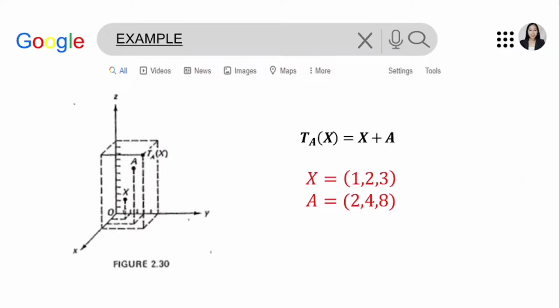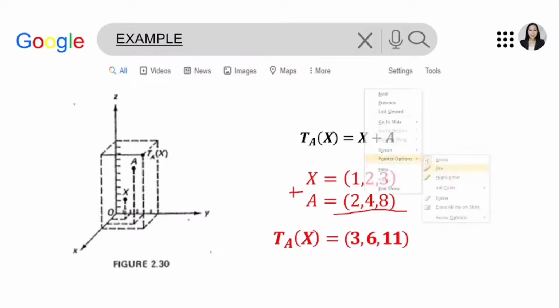To get the answer, we only add x plus a, so we get the result 3, 6, 11. So that is the answer for T sub a of x is equal to 3, 6, 11.